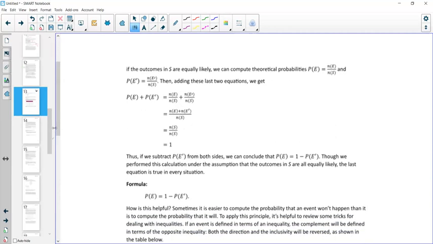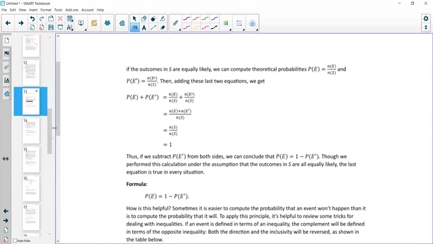If the outcomes in S, the sample space, are equally likely, we can compute theoretical probabilities. The probability of E equals n(E) over n(S), and the probability of E complement is equal to the number of outcomes in E complement over the number of outcomes in the sample space.